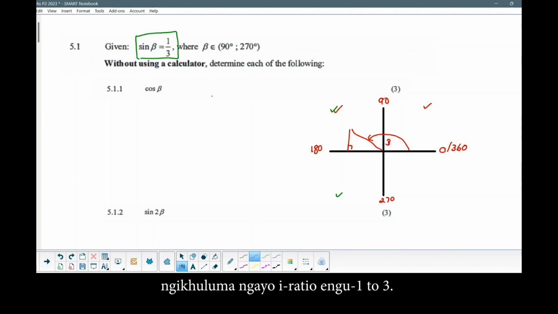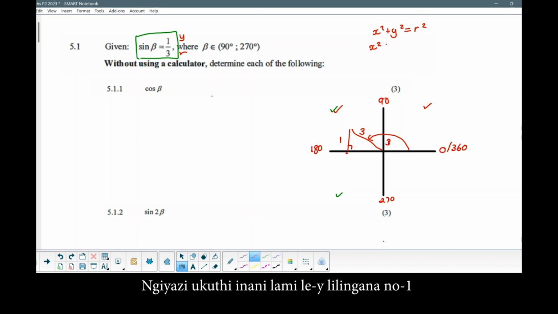I was given the ratio of 1:3, so we know that sine is y over r. So sine of beta is y over r. That means your y value is 1, your ratio is 3, and using the theorem of Pythagoras, I'm going to find out what my x value at this point is. So if x squared plus y squared is equal to r squared, I don't know x.